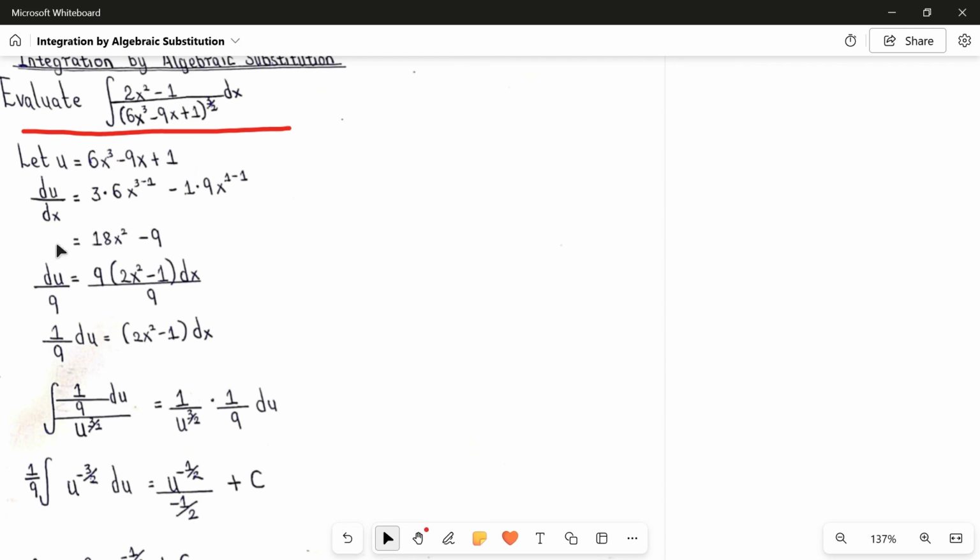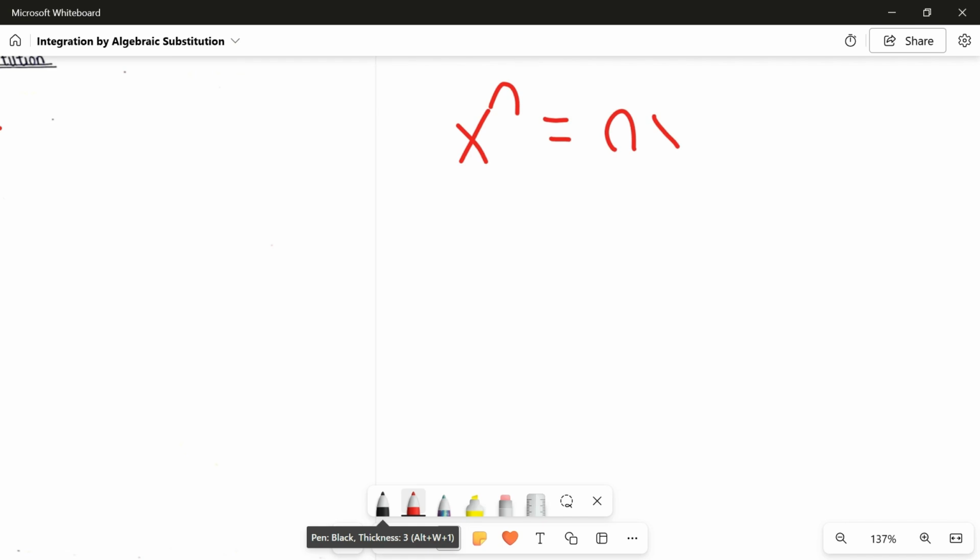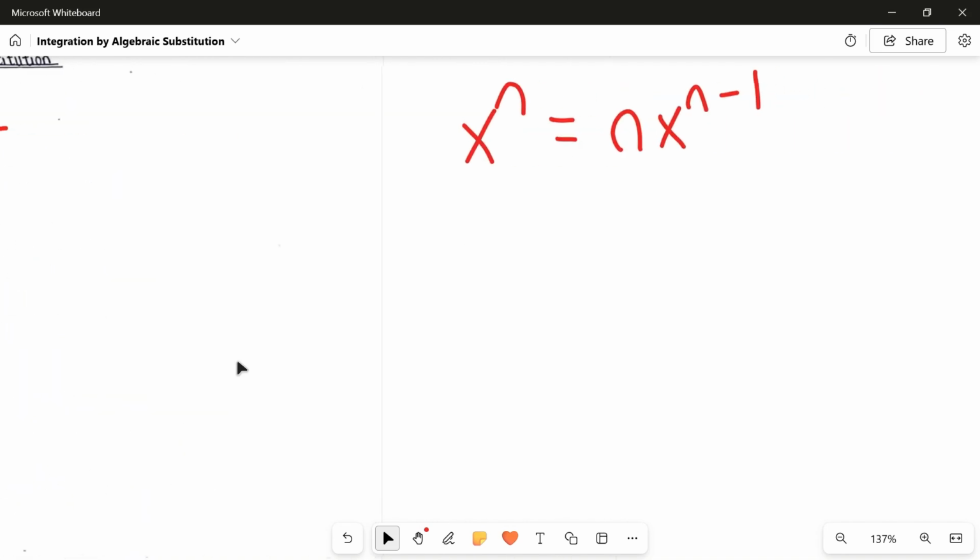Next, we are going to find the change in u over change in x, which is differentiation, using the power rule for differentiation, which states that x power n is equivalent to nx power n minus 1. Okay? So go back to the question.